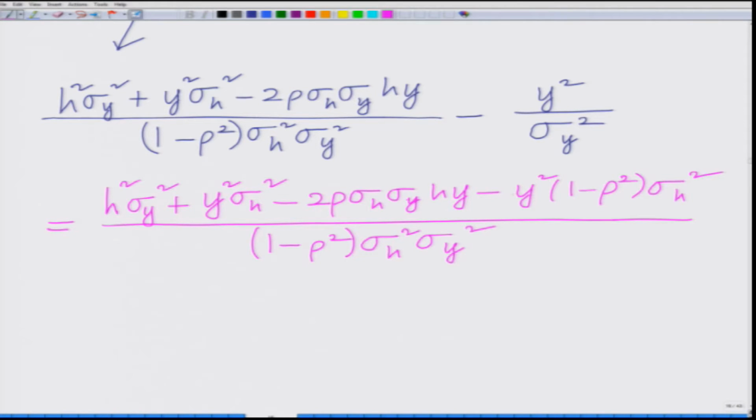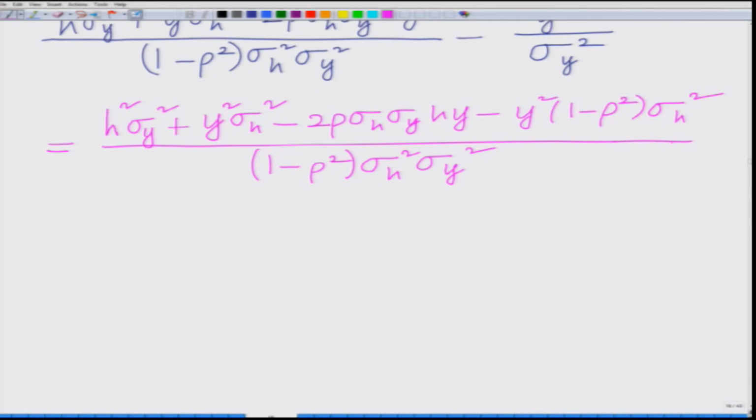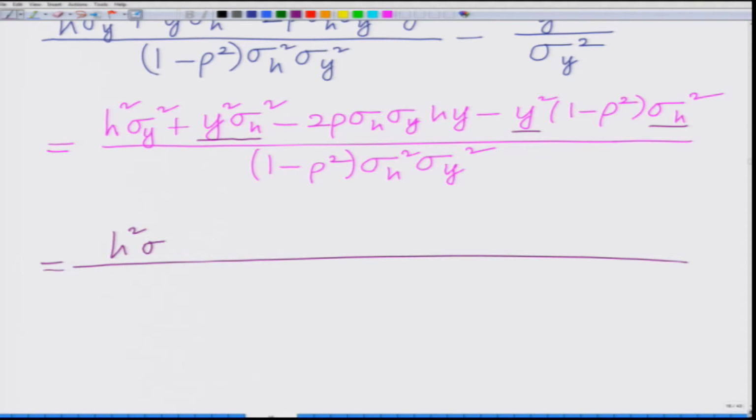Now, observe this quantity: I have y square sigma h square, and if I expand this I will have a minus y square sigma h square coming from these two. So, those two terms cancel. What I am left with, interestingly, is h square sigma y square, something very simple, since y square sigma h square cancels.